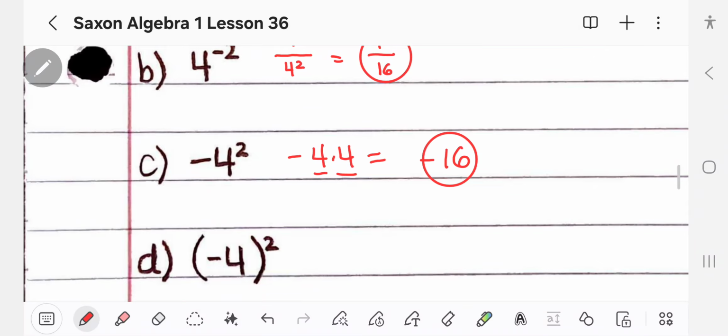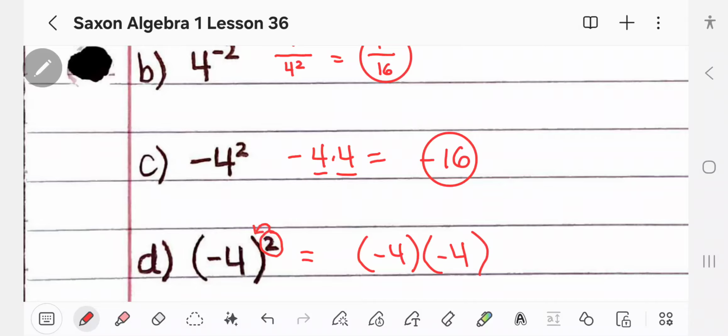All right, let's look at D. This is different. I go to try to put my finger over that negative, but I can't. It's protected. It's inside of those parentheses. I can't cover that up without covering the parentheses as well, right? So this means negative 4 times negative 4. Again, the exponent belongs to what immediately precedes it.